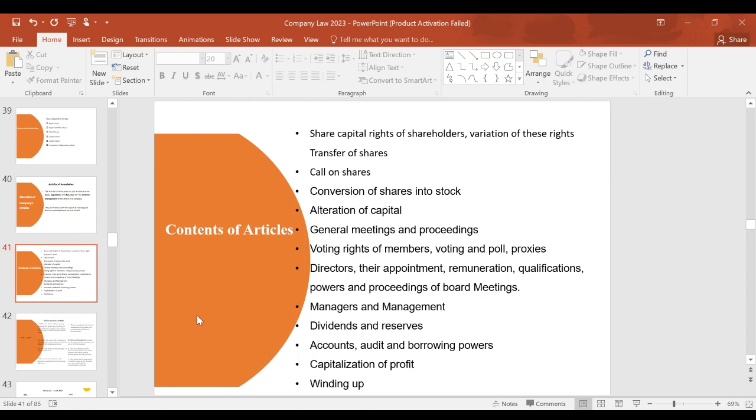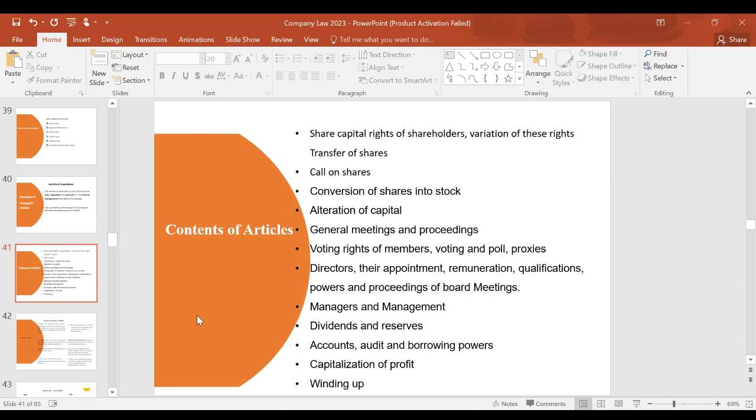The articles of association will also feature things like how the general meetings will be conducted, the procedures, the voting rights of the members. It will also capture the things to do with the directors of the company. How are they appointed, their remuneration, the qualifications, the powers that are given to them, and also how the board meetings can be conducted.